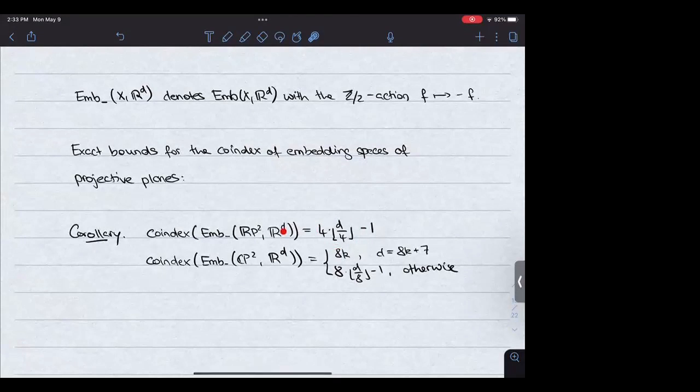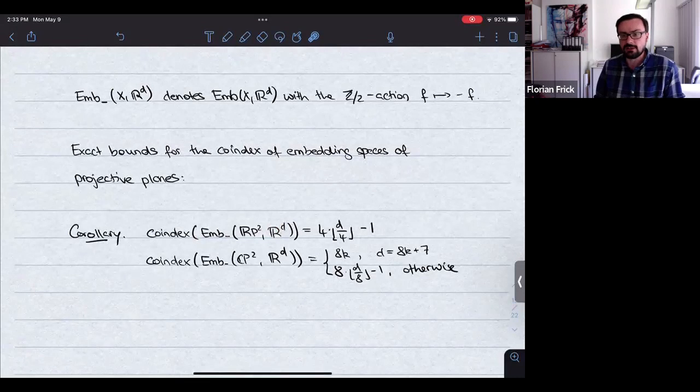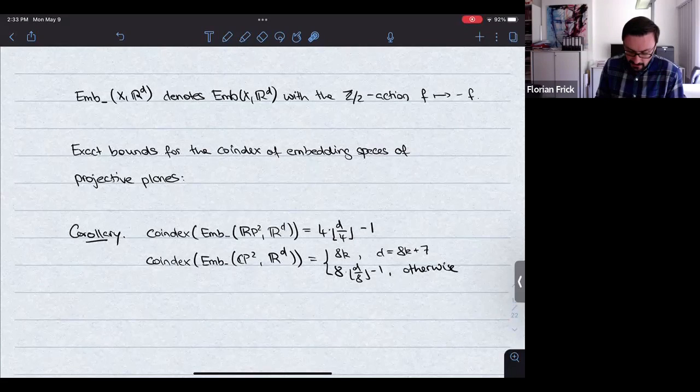If you plug in d equals 3, 3 divided by 4 rounded down is 0, minus 1 is negative 1, the space is empty. There are no embeddings of RP^2 into R^3. If you plug in 4, 4 divided by 4 is 1, times 4 minus 1, so in total 3. There is an equivariant 3-sphere sitting inside the embeddings of RP^2 into R^4.